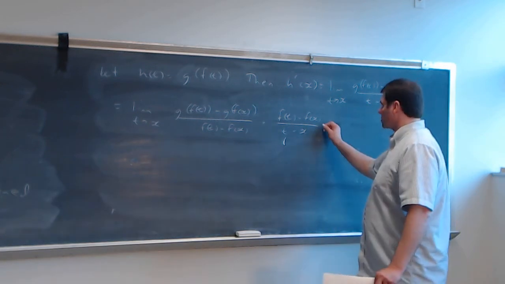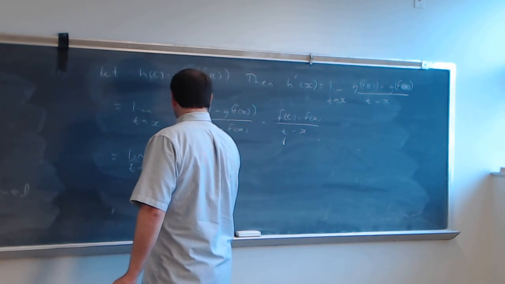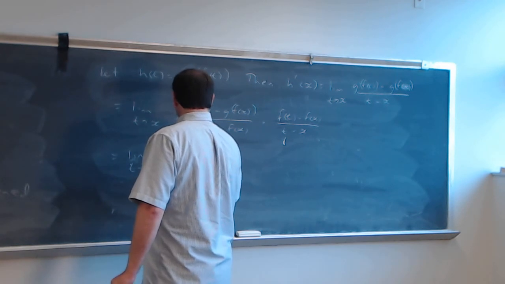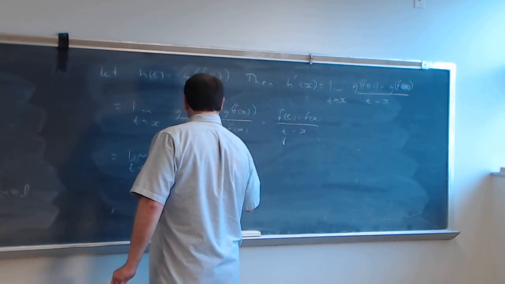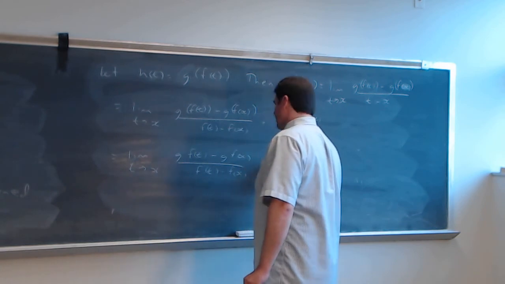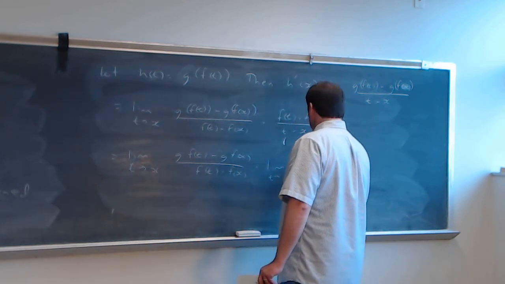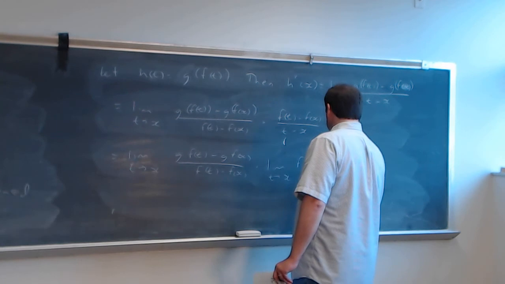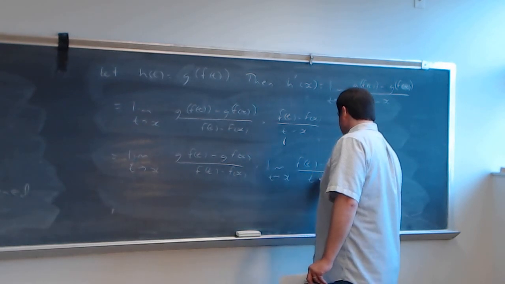Now this will be equal to the limit as t goes to x of g of f of t minus g of f of x all over f of t minus f of x times the limit as t goes to x of f of t minus f of x all over t minus x.